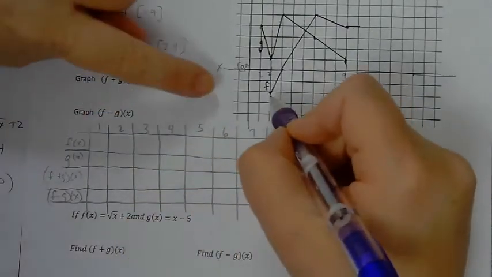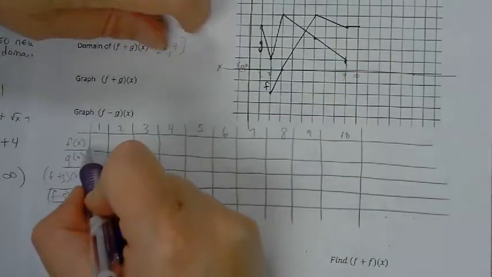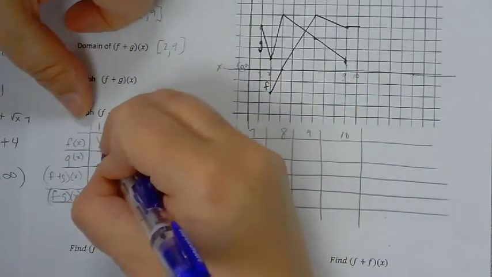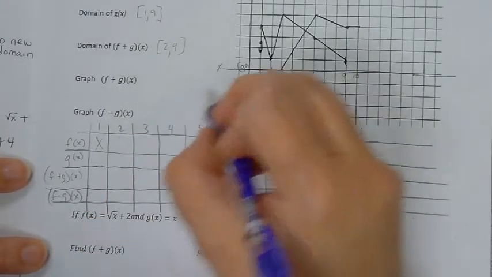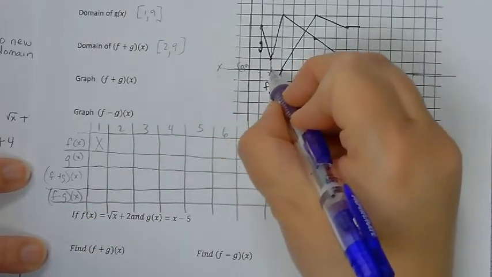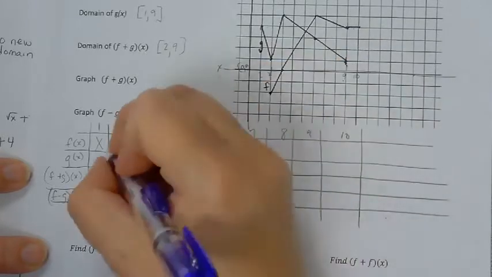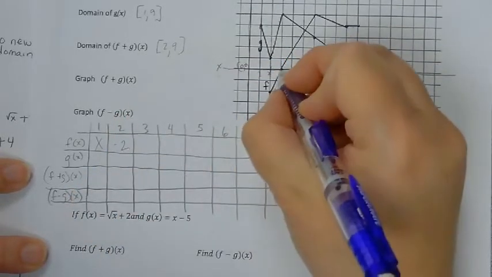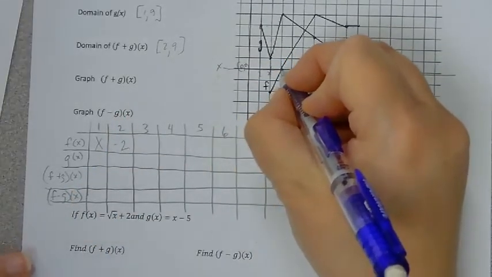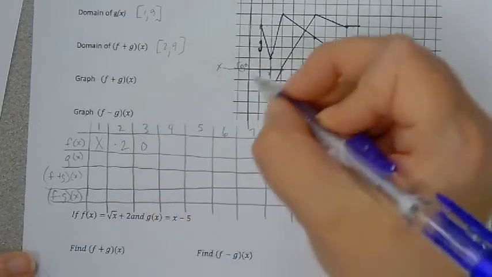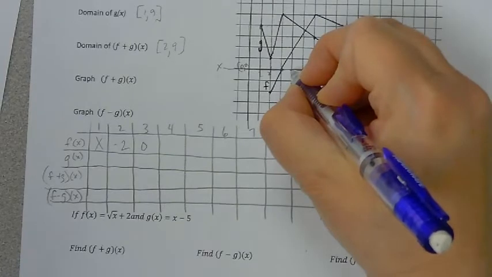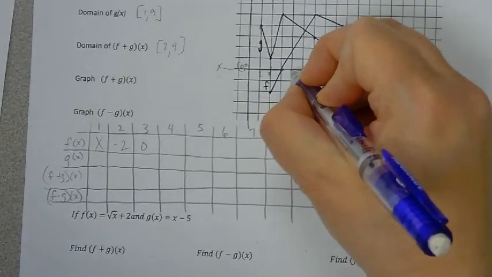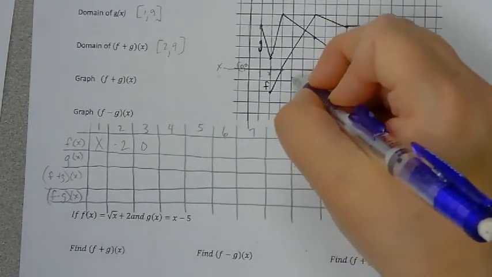I'm going to start with the f function, and the f function at 1 doesn't have anything, so it's out. So let's go to 2. The f function at 2, the output value is -2. At 3, the output value is right on the x-axis, so it's 0. At 4, it's hard to see what it is. It's kind of in the middle, so I'm going to leave that open.